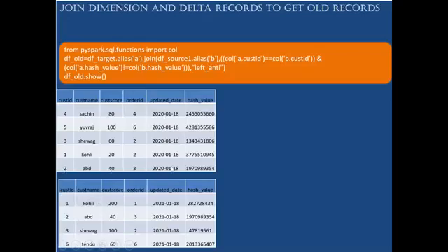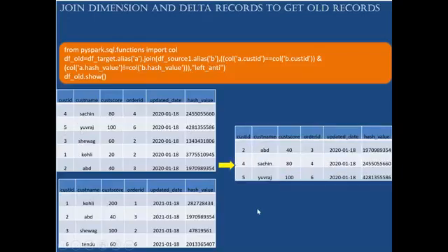Yes, the hash value is not matching for 1 and 3. So now I will not get 1 and 3, because as per the condition, it will just skip 1 and 3. You will get 2, 4, 5. This is the left hand.